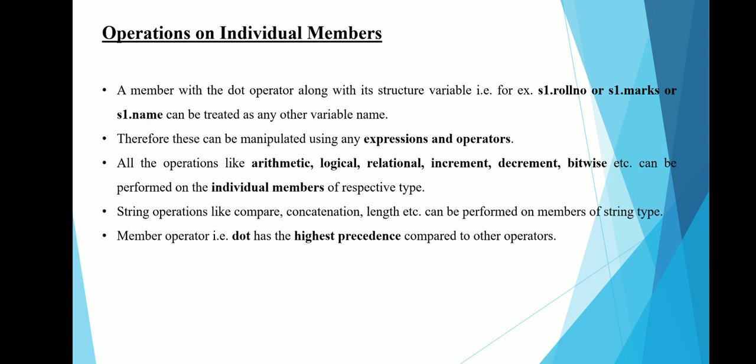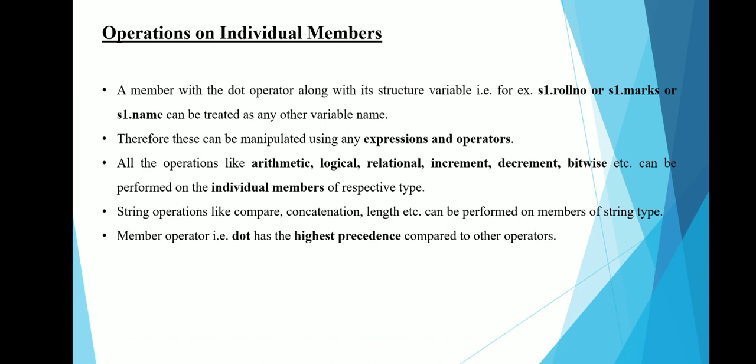The next concept which we are going to study is operations on individual members. So what are the different operations that we can perform on individual members? Like on integer, float or double variables, we can perform addition, subtraction, arithmetic operations, logical operations, relational operations.